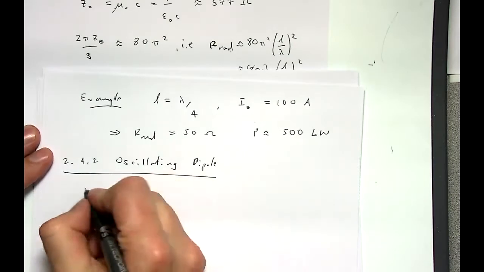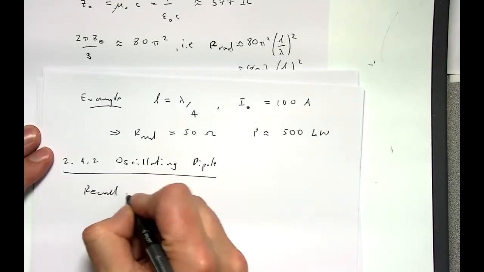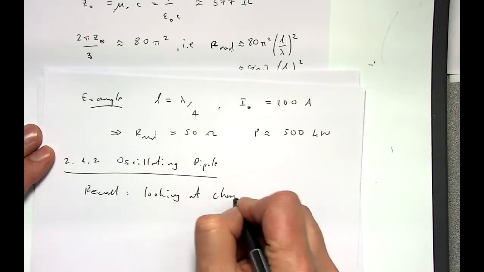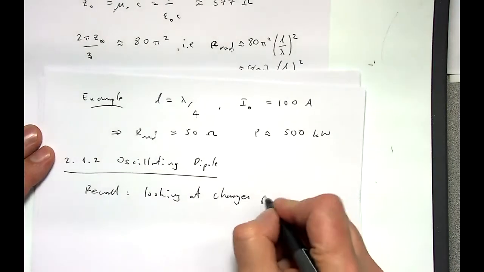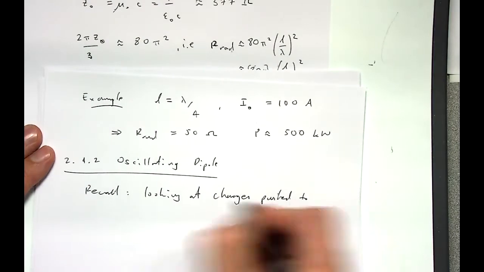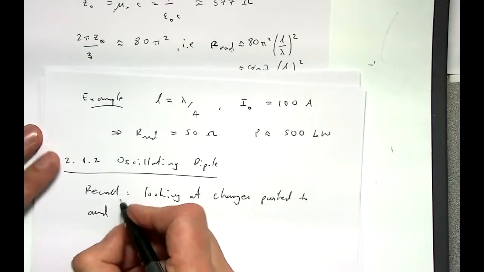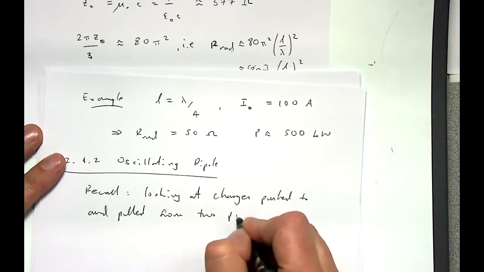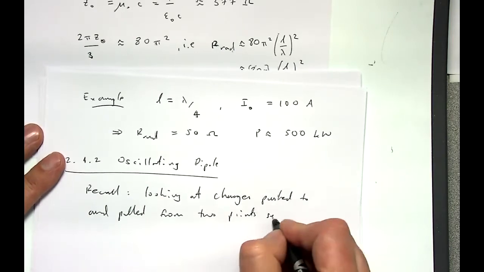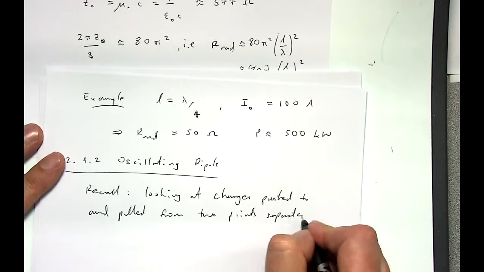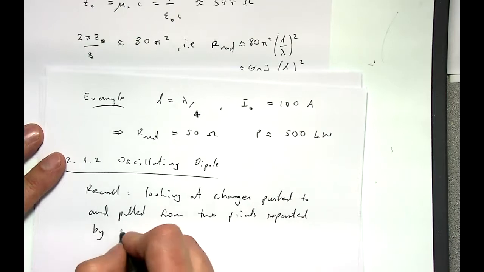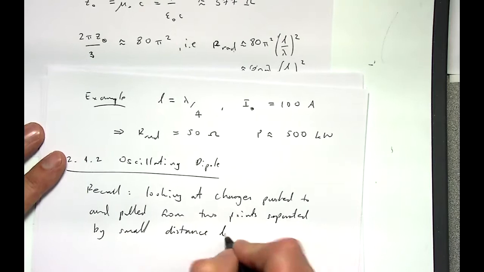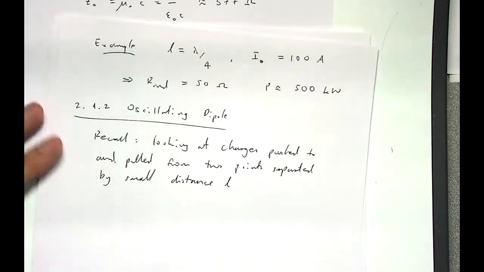So we recall, we're looking at charges, this is our Hertzian dipole picture, charges pushed to and pulled from 2 points separated by some small distance L. Okay? So remember, our picture was as follows.